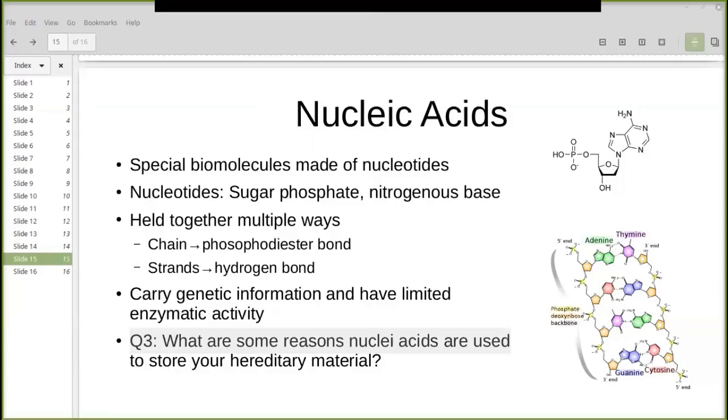Okay. Well, that's actually not the answer. Does anybody know another option? Anybody want to explain another option? Is it because it's double stranded, so it's more stable? Okay. Good. Yes, that would be one of the answers.